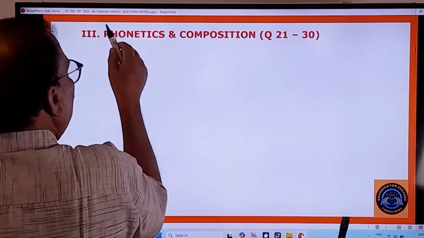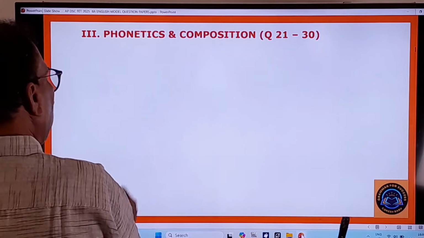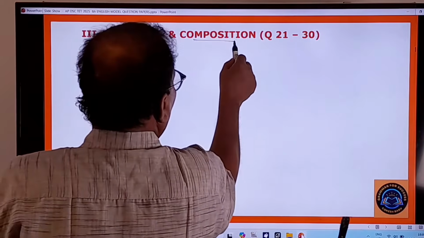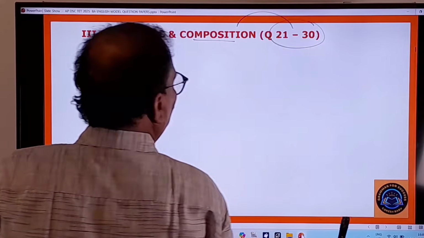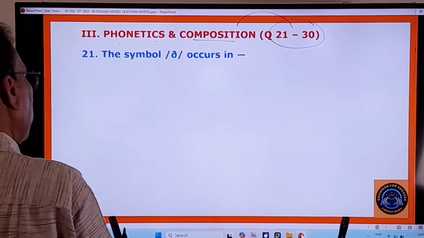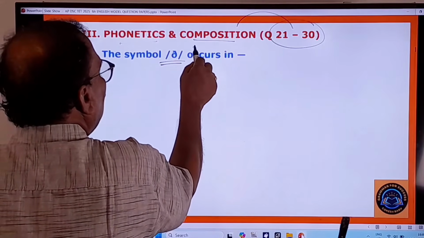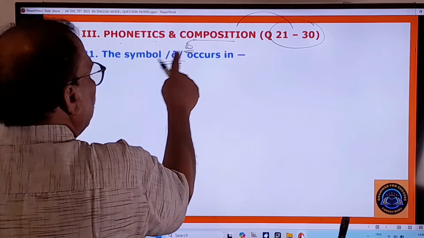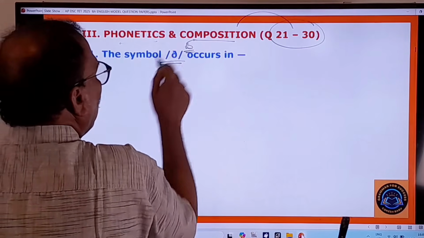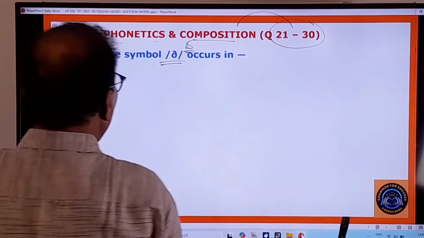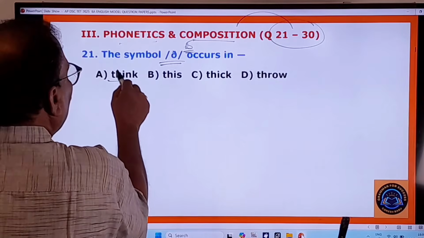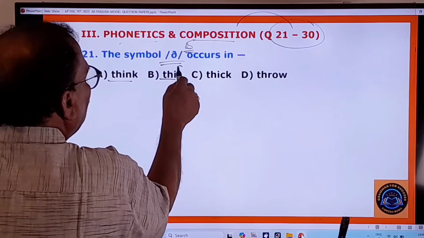And the third section of this question paper is phonetics and composition. In this also, 10 questions are framed. The 21st question is the symbol. The phonetic symbol in Telugu is the. The symbol da occurs in think, this, the.